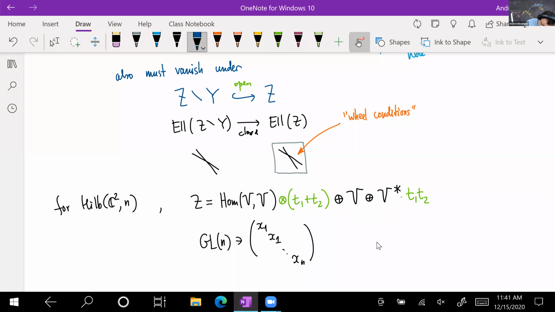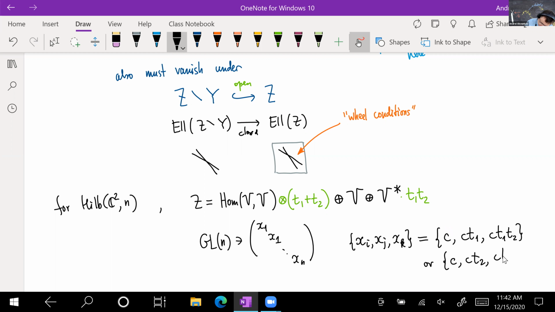This wheel condition says, whenever I have the situation, maybe I first write the answer and then the mnemonics, that if among the x's, x_i, x_j, x_k, that set is equal to C, CT1, CT1, C2, or C, CT2, CT1, C2, then it has to be zero.